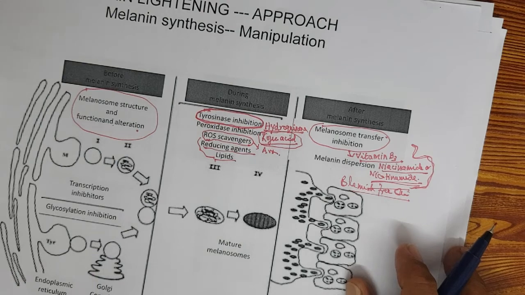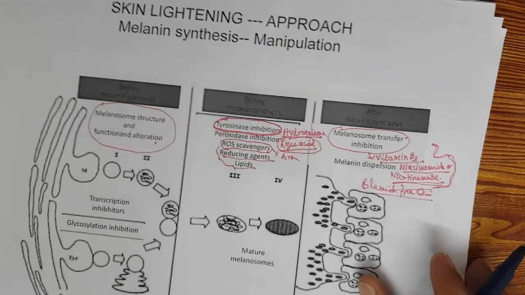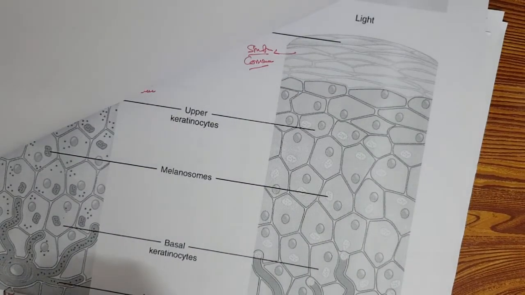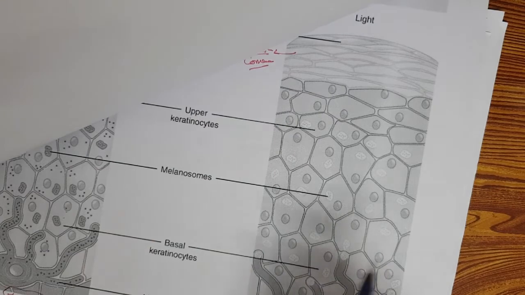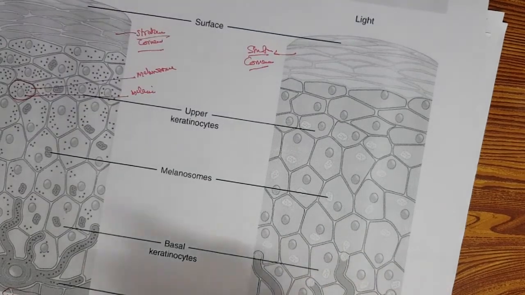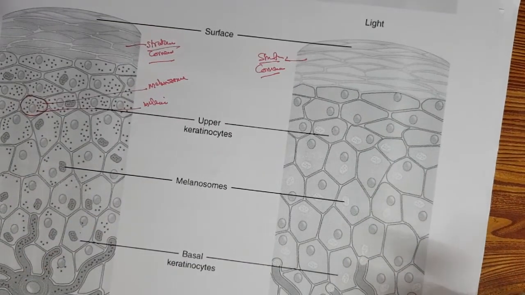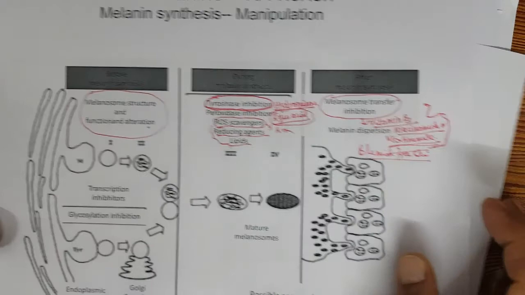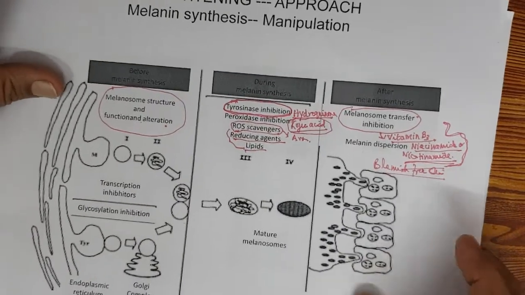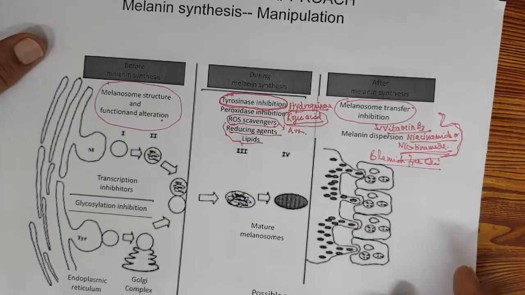But in Africans or brown-skinned Asians the damage is not so much, because they have more of eumelanin, which is strong. Indians, we have a right balance.